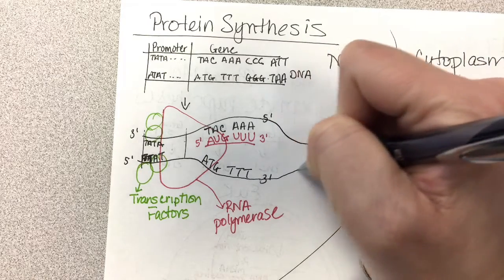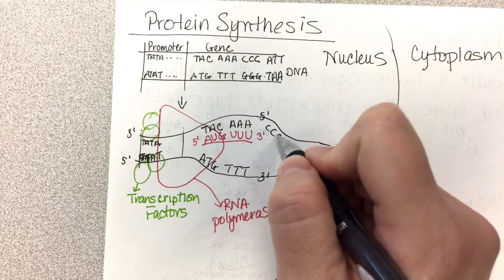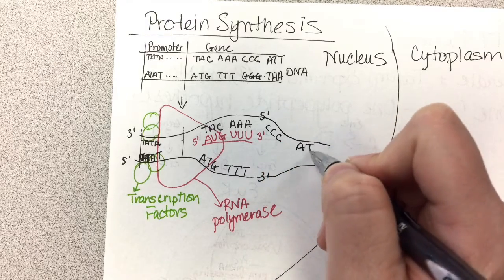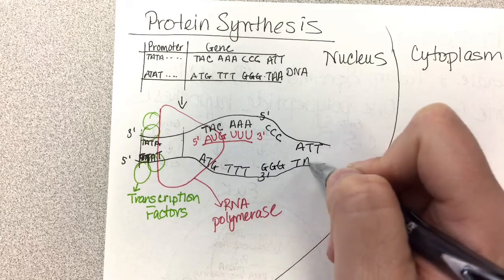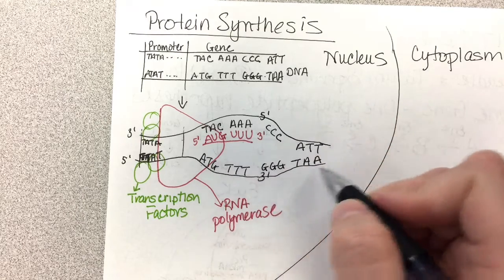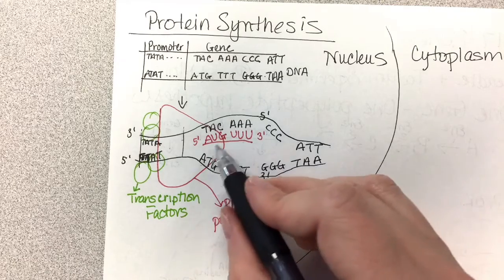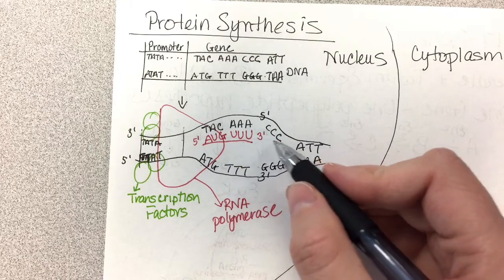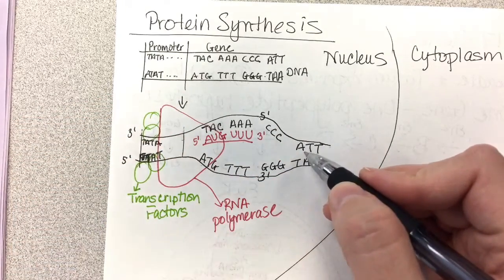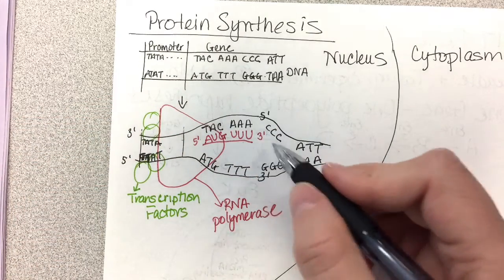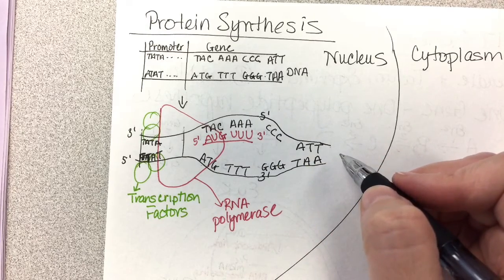So then this would be CCC, then ATT, and then this would be GGG, then TAA. So it's opened up in a bubble like this. And so this will continue on and build GGG, and then this will close up, and this will open up, and it'll add UAA. So it'll continue moving on in that 5' to 3' direction.